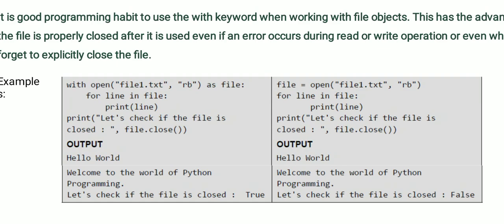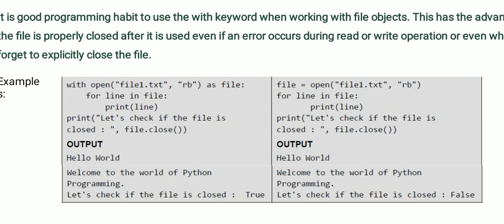The output will be all the contents of file1.txt, hello world, welcome to the world of Python. And the very important part, whether the file is closed? No, the file is not closed. We have checked only whether it is closed or not, isn't it? So file dot closed, here we have used it in the print function, or the print method.